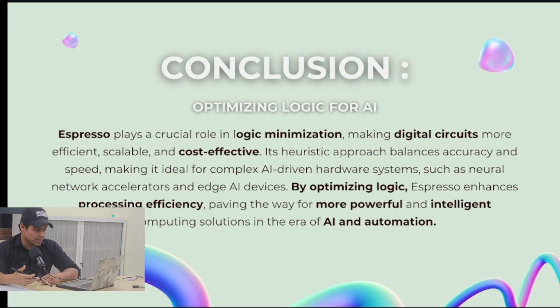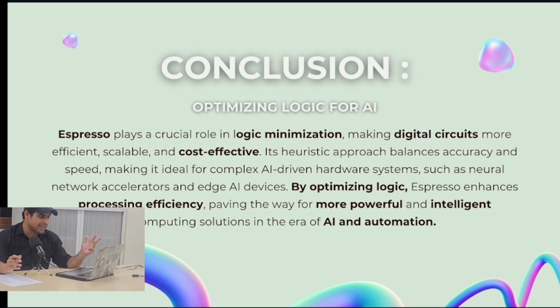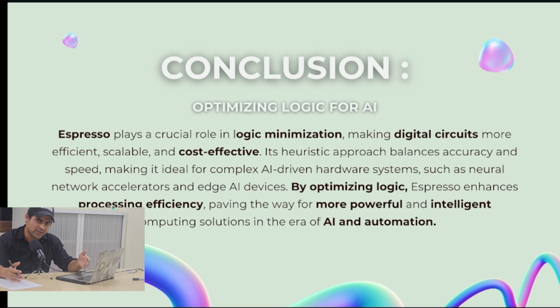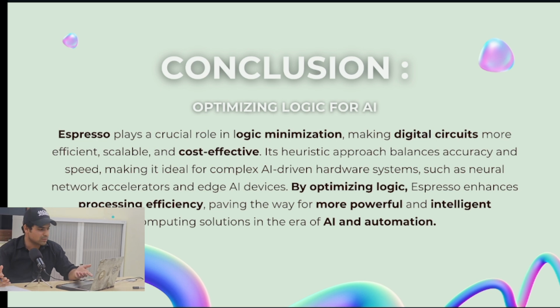The next thing is that digital circuits become scalable, and I have already told you everything, so I will just read it once. Espresso plays a crucial role in logic minimization, making digital circuits more efficient, scalable, and more cost effective. Why cost effective? If you use fewer circuits, it becomes cost effective. If you use more, then it will not be cost effective.